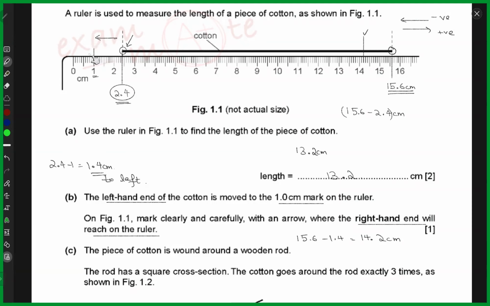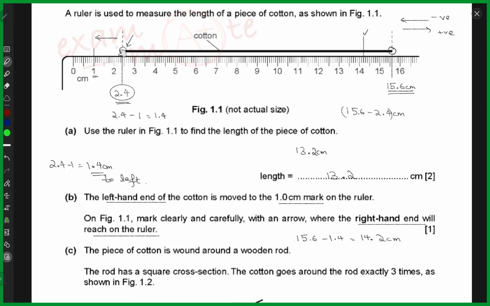It would be at the 1 centimeter mark, right? So I have to check how much distance I moved this end. I can do that by subtracting 1 from 2.4, because I'm moving to the left. So from 2.4, I subtract 1, and that gives me 1.4.